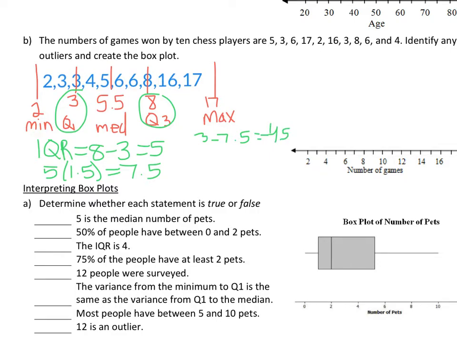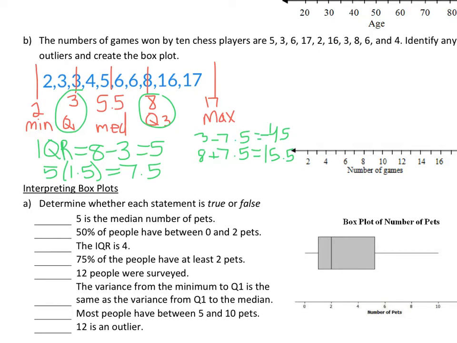And then we need to take that number 7.5 and add it to the third quartile. So our third quartile plus 7.5, and we get 15.5. So we now have a range from negative 4.5 all the way to 15.5.